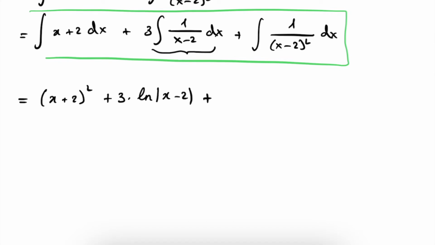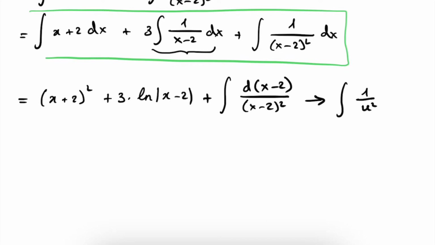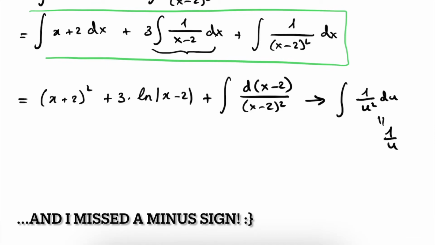What we then get is a new integral. However, this is quite easy to solve because if we write d(x minus 2), because we can always write minus or plus a constant inside this differential, and we divide by (x minus 2) squared, then we see that this integral simply becomes the integral of 1 over u squared du, which is of course simply minus 1 over u.